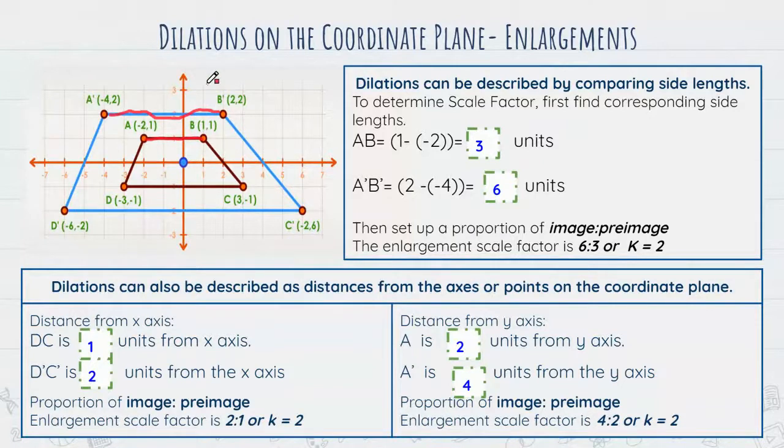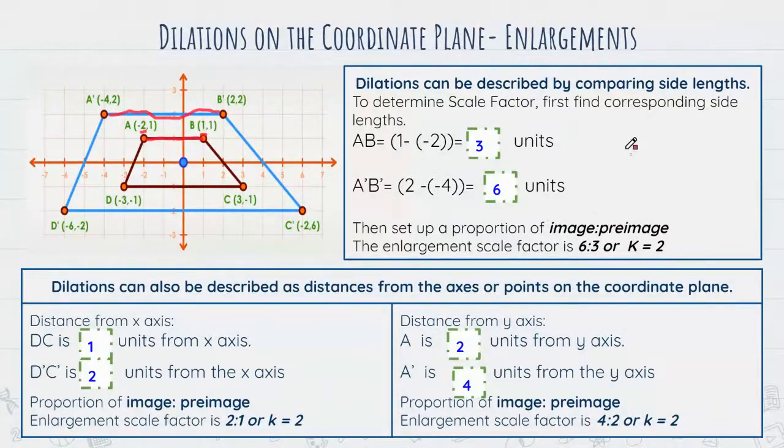We're going to choose the x-coordinates 1 and -2. 1 minus -2 is 3 units in between. You can also count those: 1, 2, 3. And then for A prime B prime, the x-coordinates 2 and -4, 2 minus -4 is 6. You can also count the points between those, and it's 6.